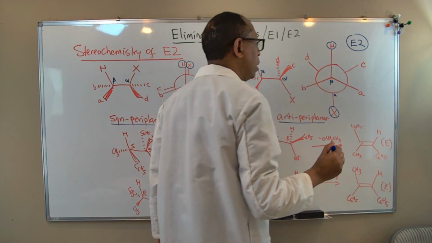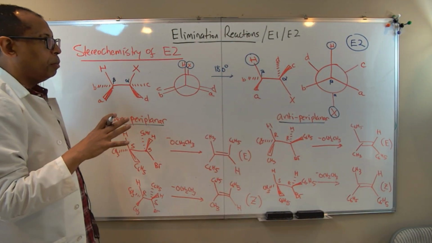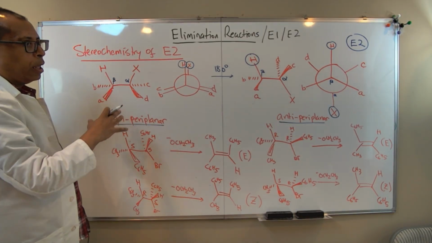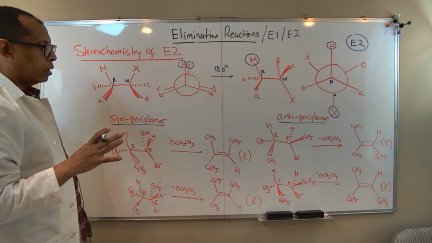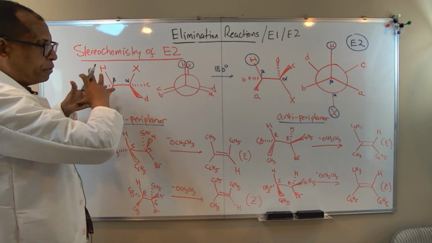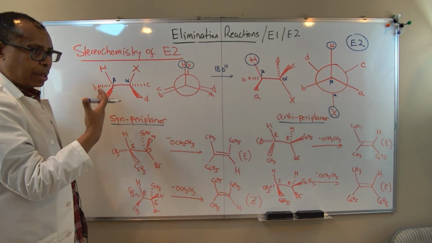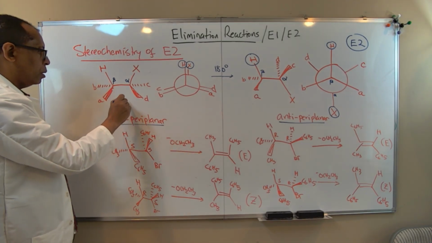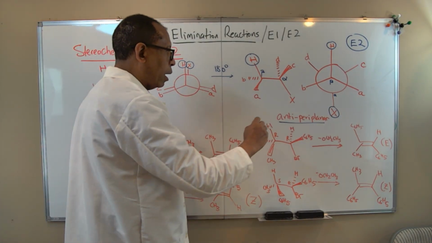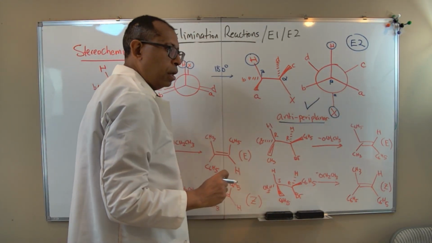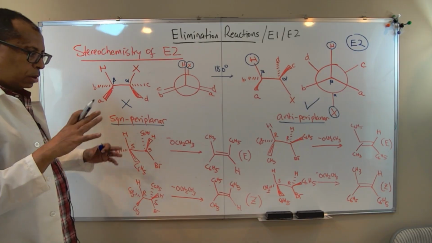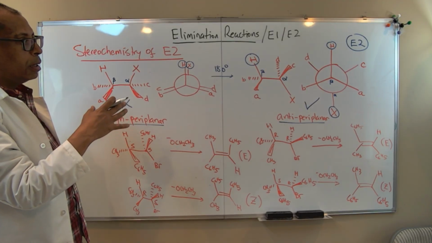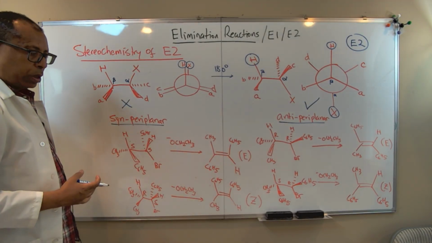The E2 reaction is stereospecific in that the hydrogen and the halide should be at 180 degrees, especially in the open conformation, which can be easily achieved. So syn periplanar would not be good for E2, but the antiperiplanar arrangement is good for an E2 reaction. So this is the stereochemical requirement for an E2 reaction.